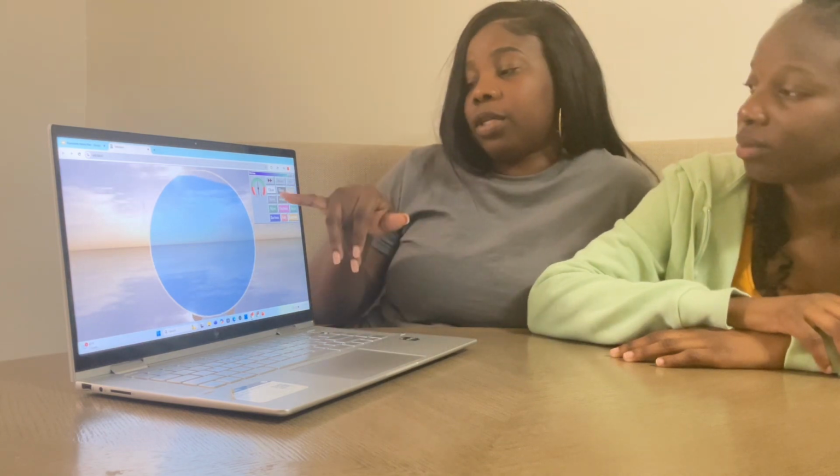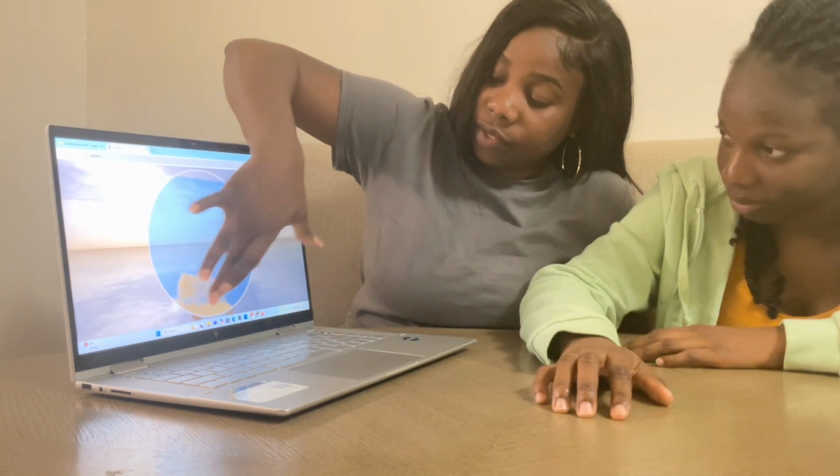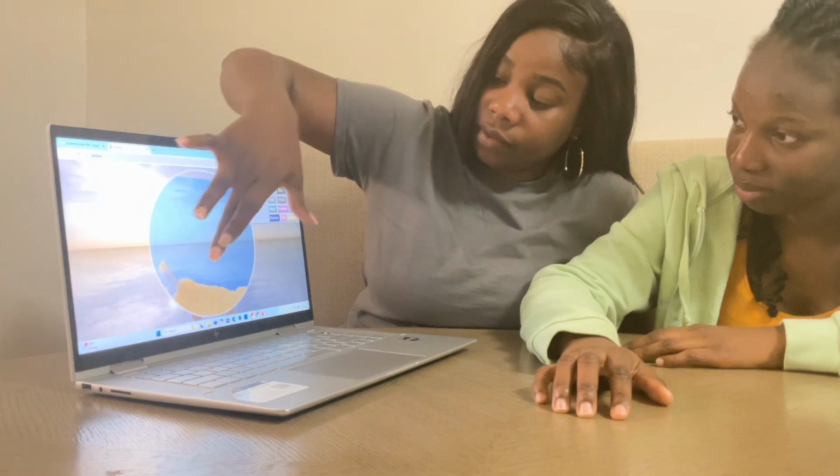Okay, so that's how we add our water, right? And we can add some other non-living components to our ecosystem. What are some other non-living components that we have here? Sand. So we can add sand. You can use your fingers and add your sand, right?